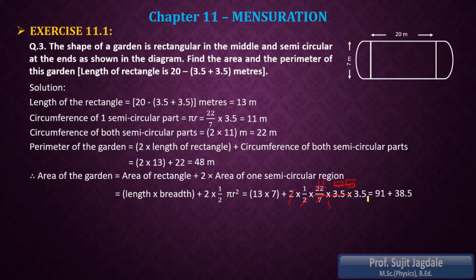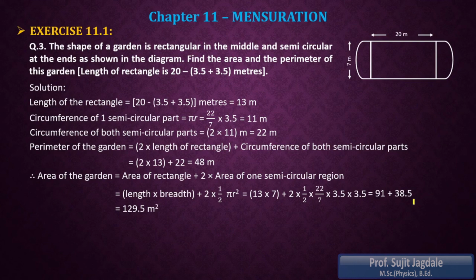And 13 7s are 91. So the final addition is 91 plus 38.5. That addition will become 129.5 meter square, which is the required area of the garden, which we calculated with the help of two shapes, circle and rectangle.